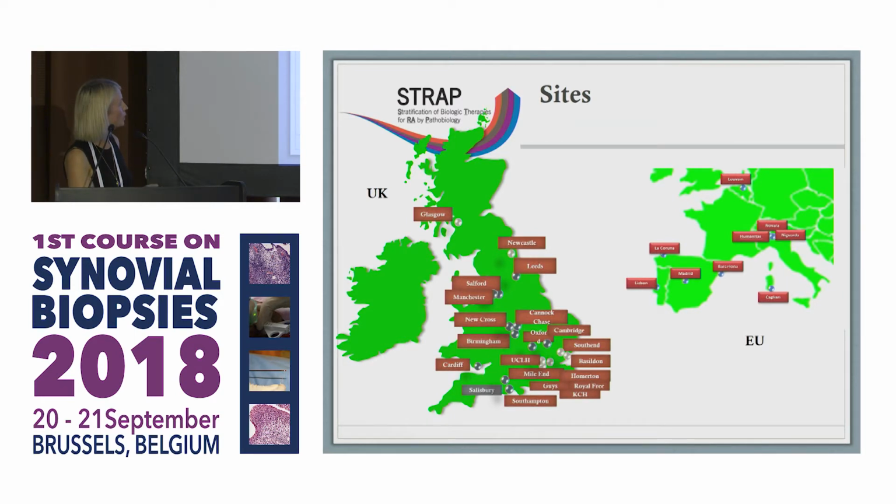We've now spread it out to the EU. We're up to about 158 patients at the last count, of a target of around 200. But again, this study will close towards the end of this year. And again, this will give us a really powerful cohort to examine these tolerability issues and the quality of the tissue that we're getting within, you can see the number of centres that we have in these studies.